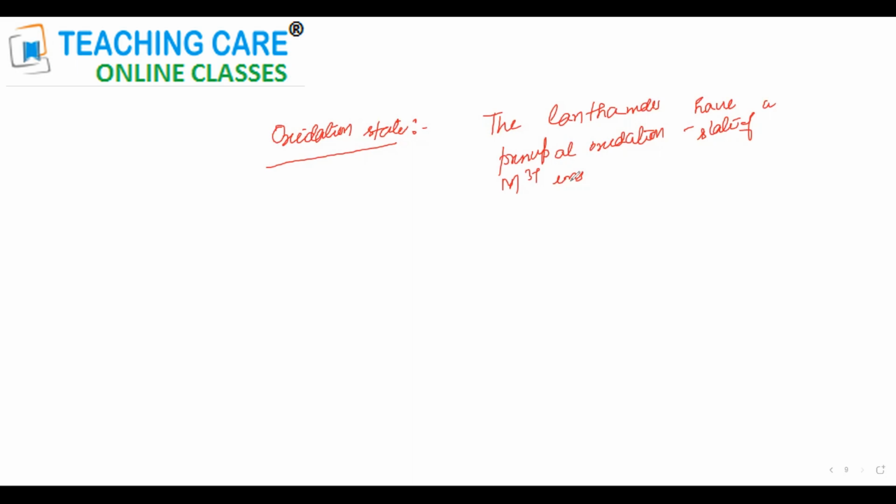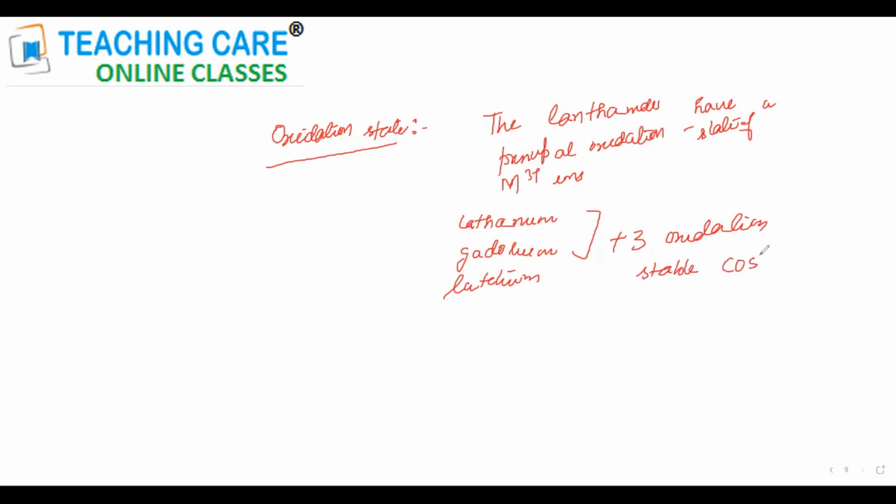Got it? Yes, sir. So if we talk about the lanthanide series, lanthanum, gadolinium, and lutetium have a plus 3 oxidation state, and they have stable oxidation state. Because why do they have this plus 3?